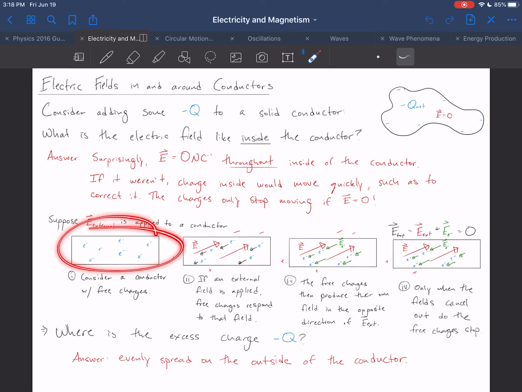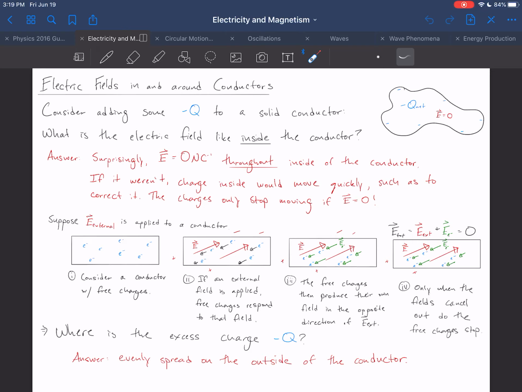And these electrons are free to move, okay? They can move however they want. Now, assume that in that little chunk of the conductor, that external electric field is applied. So we get an E this way, right? That's our external electric field caused by the electrons on the outside of the conductor.